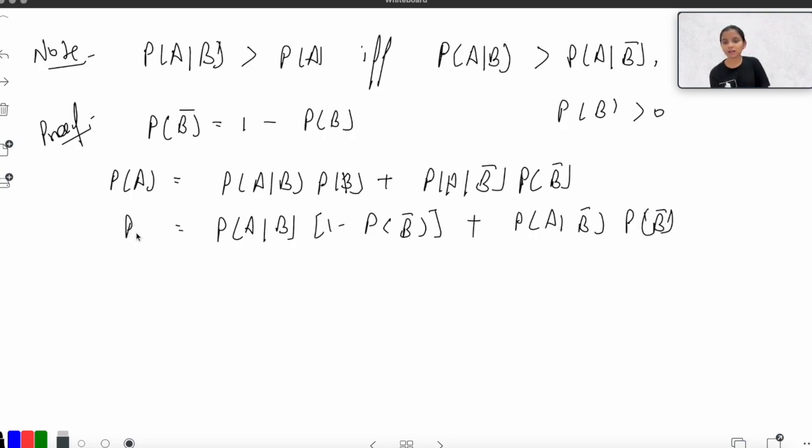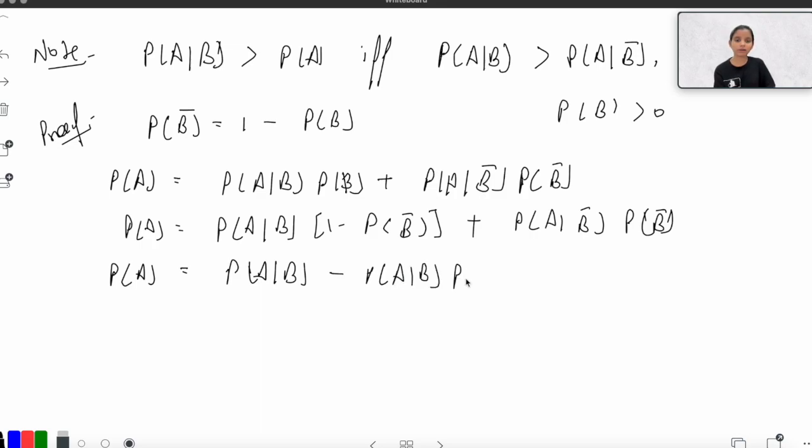Now taking probability of B bar common and first multiplying it with all the terms, we have probability of A given B minus probability of A given B times probability of B bar, plus probability of A given B bar times probability of B bar.